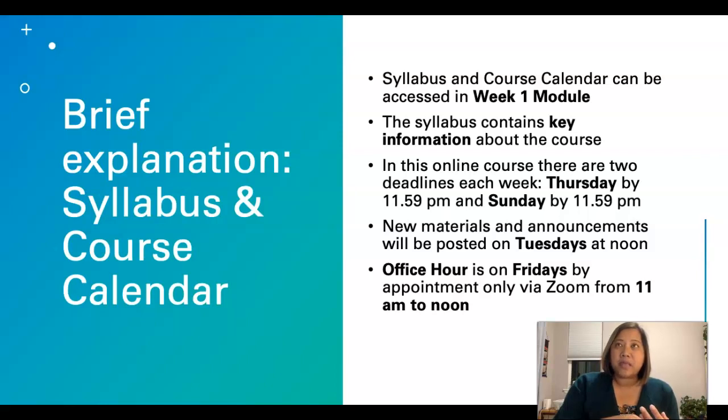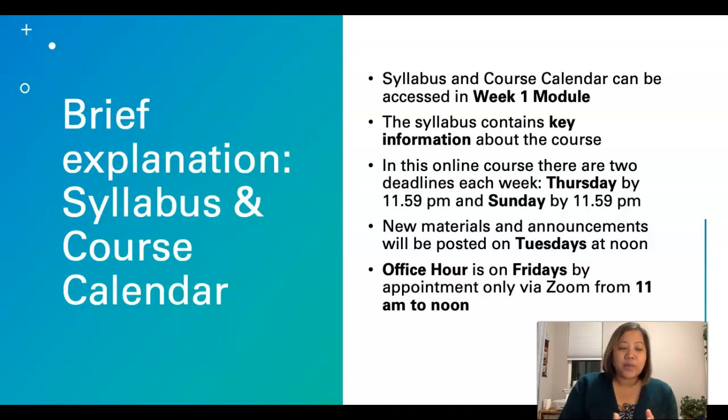And then the syllabus and the course calendar can be accessed in the week 1 module. Now, if you're not familiar with what this course is about, the syllabus will contain key information about the course. And in this online course, I do want to highlight that there are 2 deadlines each week. So the first deadline is going to be Thursday by 11:59 p.m. and the next deadline is going to be Sunday by 11:59 p.m. So let me give you an example.